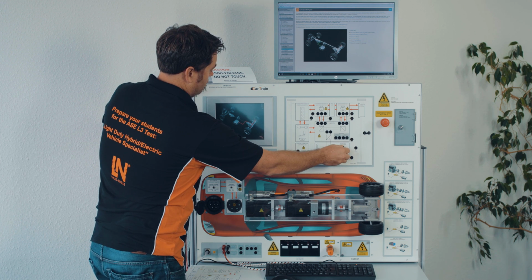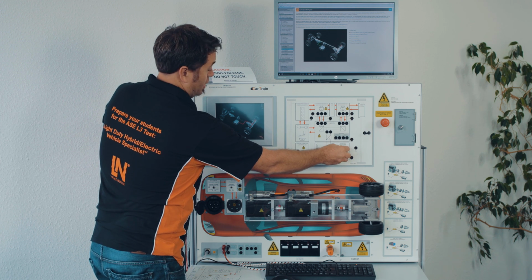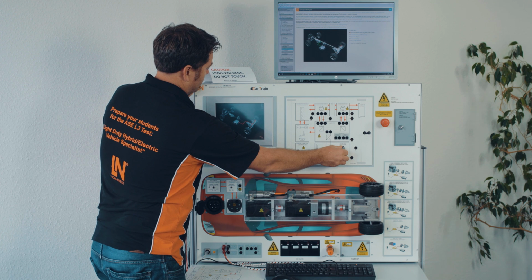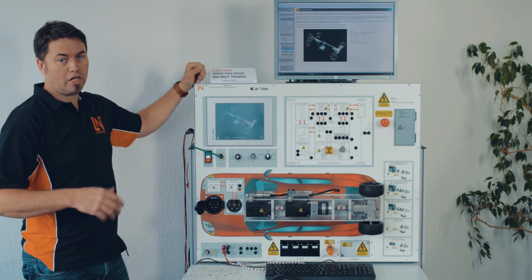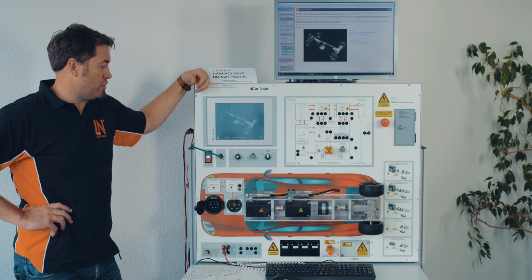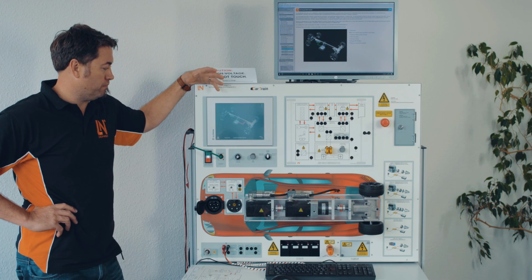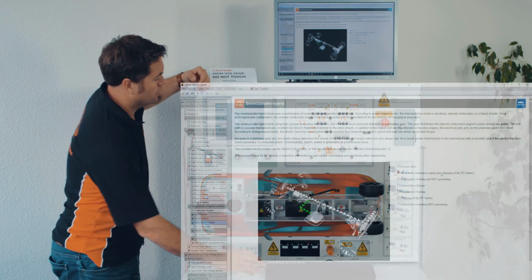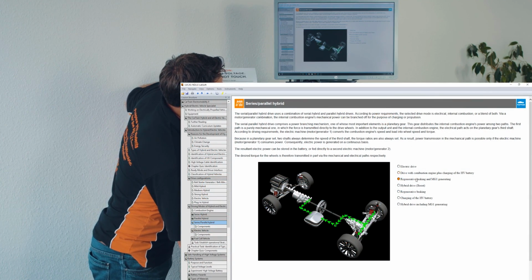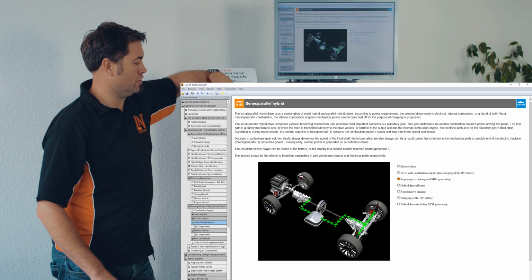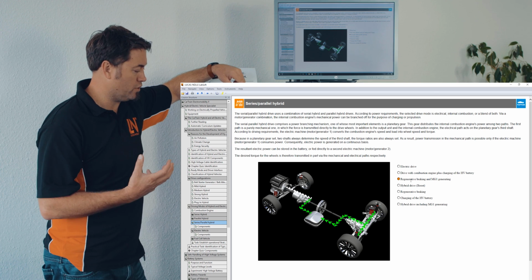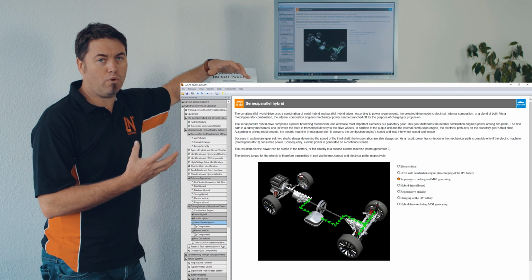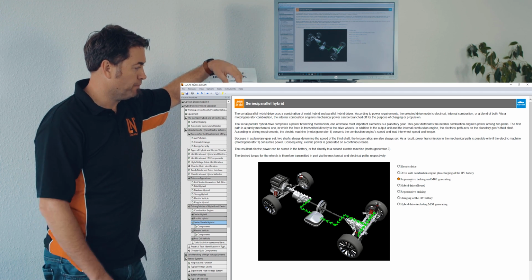Something that we can do here is to change the state of charge of the battery and see what conditions come on, the combustion engine will come on and operate. So this gives the students a chance to look through and see, okay, what's actually happening. It just visualizes what's going on, what the power flow is.